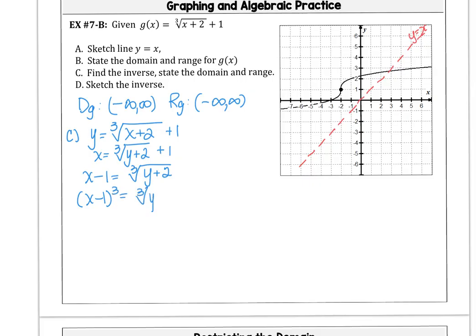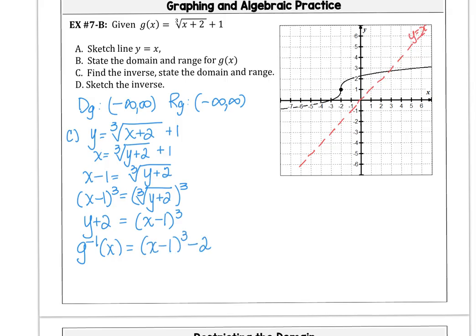The cube root of our argument is eliminated when we cube both sides. Then we have y plus 2 is equal to x minus 1 quantity cubed, and replacing the y equals with our g inverse notation, we have a cubic function that's shifted right 1 and down 2. So instead of having the ordered pair (-2, 1), our ordered pair will be (1, -2) on our inverse.